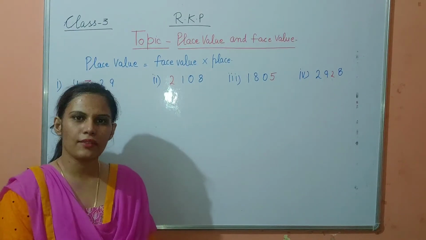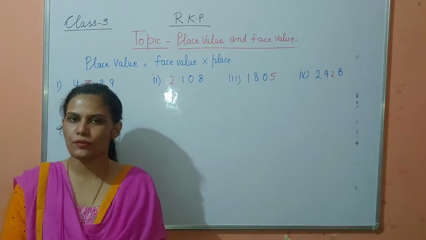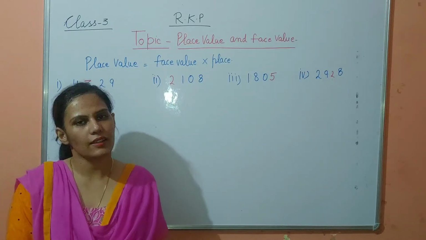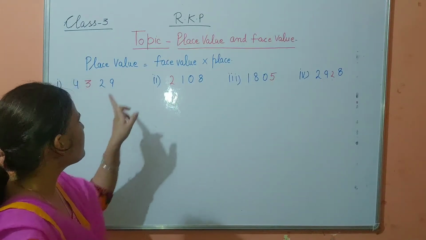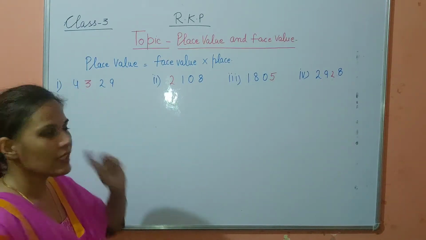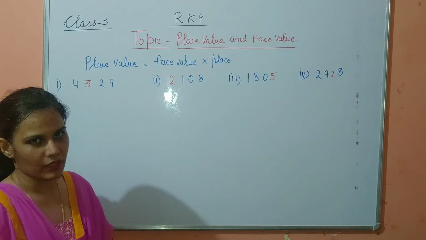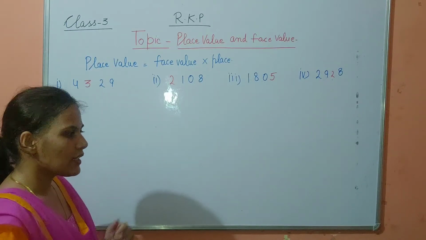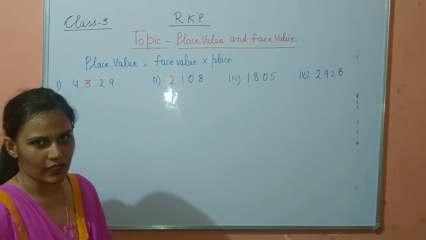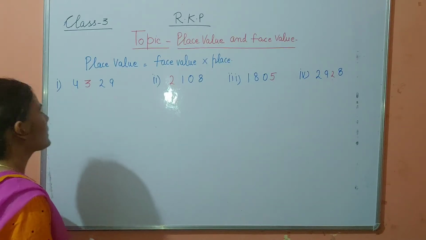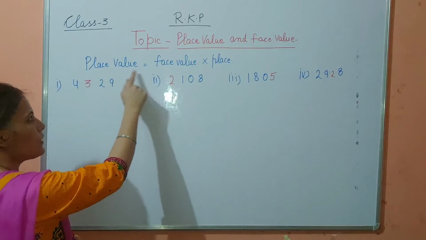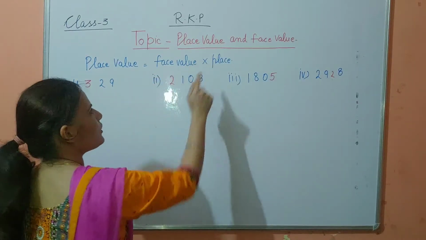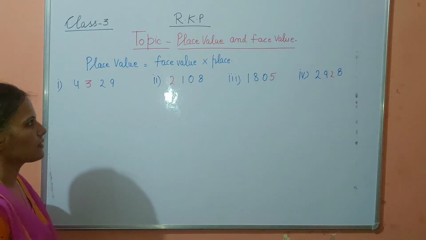Students, we have found the place value of each digit in the given number. But if I want to know the place value of a single digit in the given number, then we can formulate one formula here. How? This is the formula: place value is equal to face value into the place.